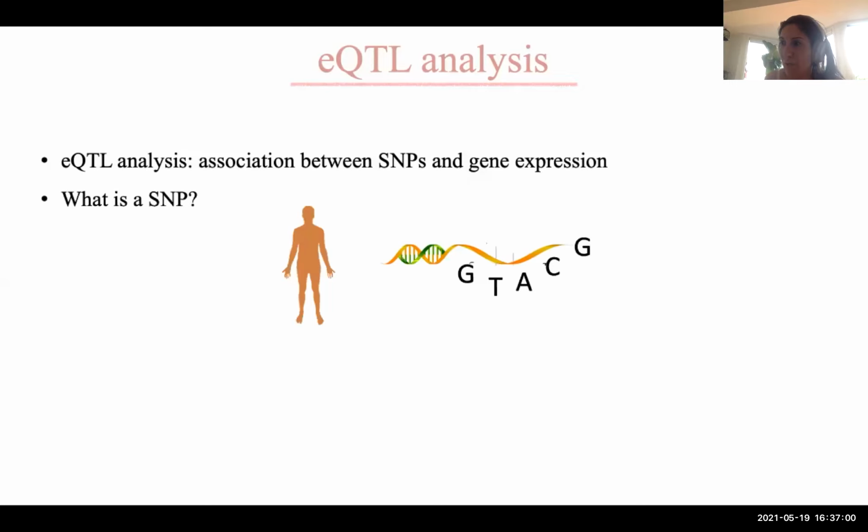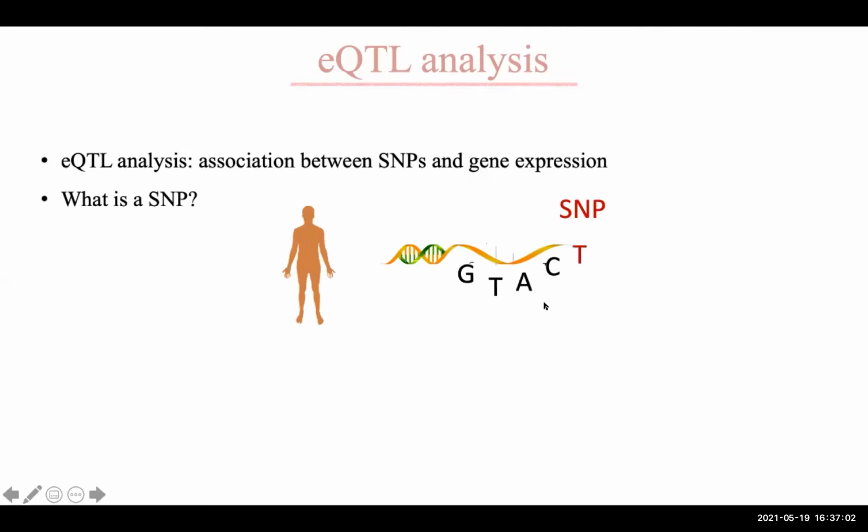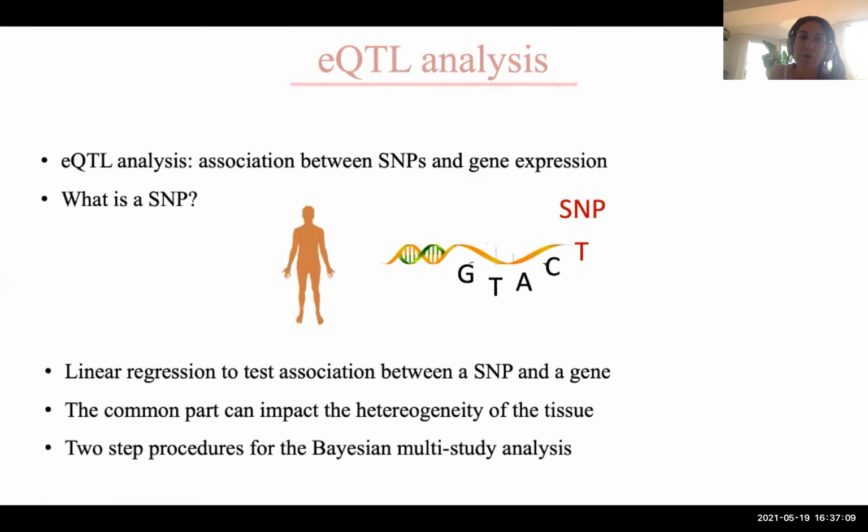So suppose that we have this sequence; a SNP is a change in this sequence. The simple way to perform eQTL analysis is to perform a linear regression to test the association between a SNP and a gene. The problem is that if we perform the linear regression in each tissue, then there could be this common part that can impact and so can sometimes obscure the heterogeneity of the tissue.